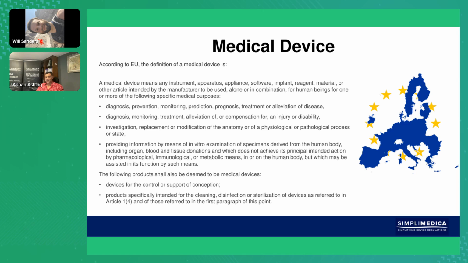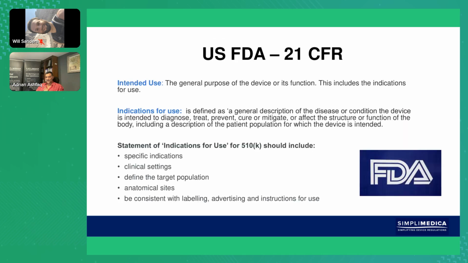The intended purpose is not intended for any of these things which make it a medical device. So this is really important that we get past this first hurdle of understanding that the device itself is a medical device.